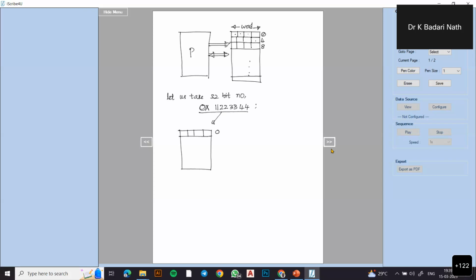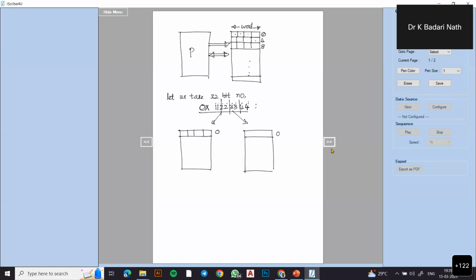Now, I can store this data into the first word of the memory location in 2 ways. If you look at this, it consists of 8 digits, and every digit represents 4 bits. That means 4 into 8, totally 32 bits. Every 2 digits is 8 bits, next 8 bits, 8 bits, totally 32 bits.